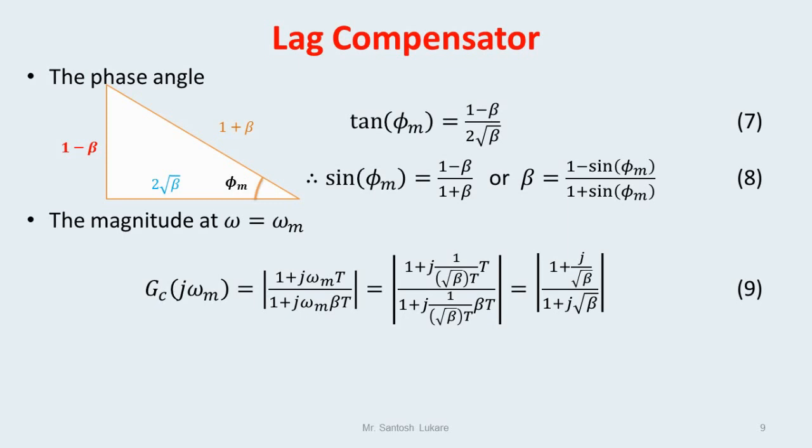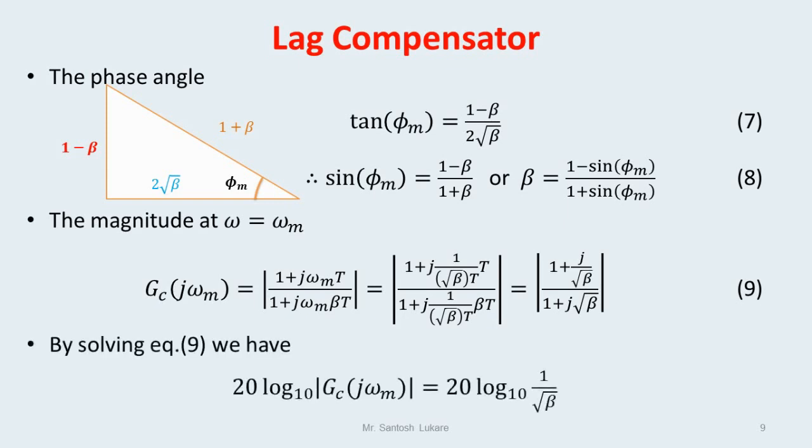So it has an imaginary component and a real component. We know that the magnitude is always the square root of real part square plus imaginary part square. So by using that relationship we can solve equation 9, and we have the value of magnitude in terms of decibel value, that we can write as 20 log to the base 10 of mod of GC of j omega m is equal to 20 log to the base 10 of 1 by root beta.